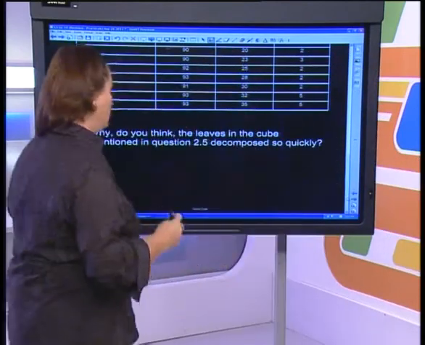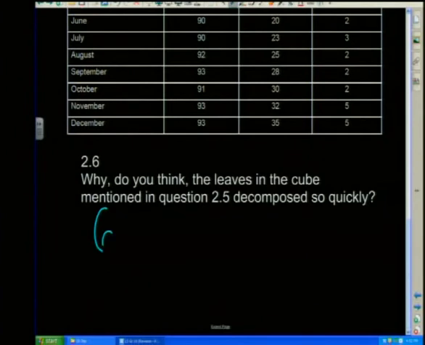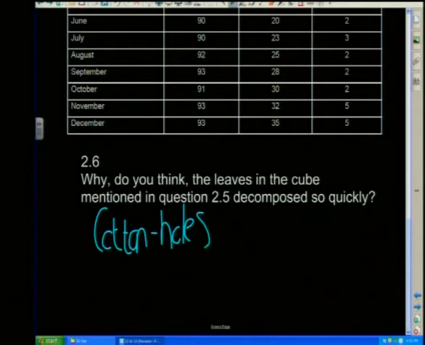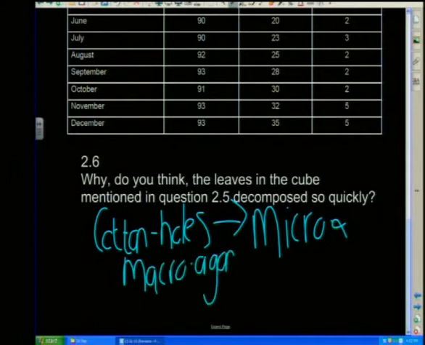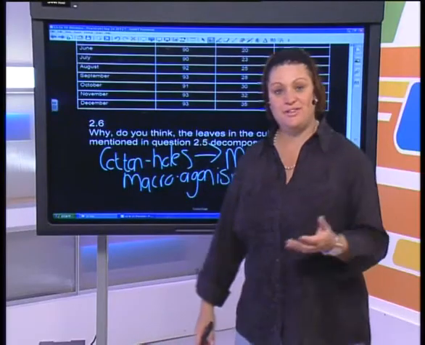What does cotton have? Cotton has holes. And if you have holes, what can come through those holes? You're quite right, micro and macro organisms.